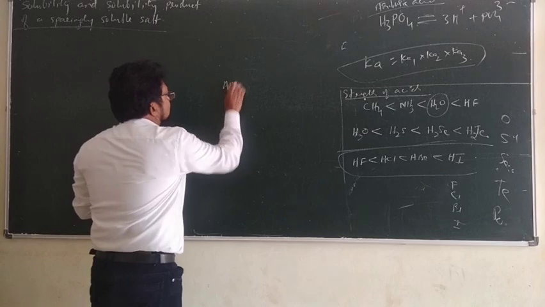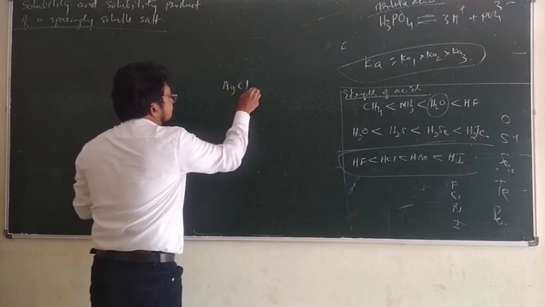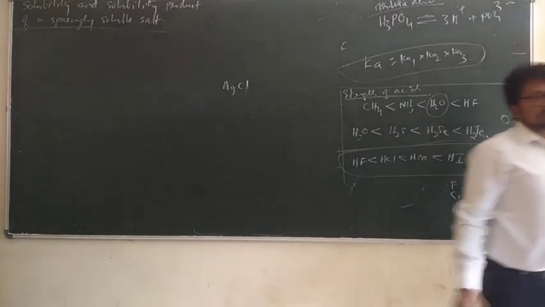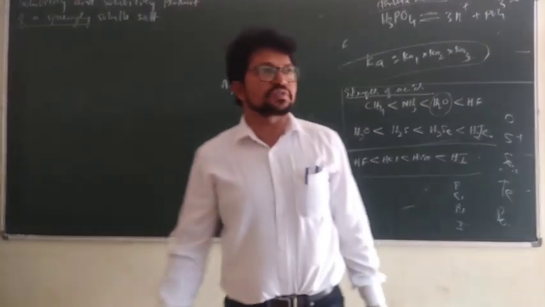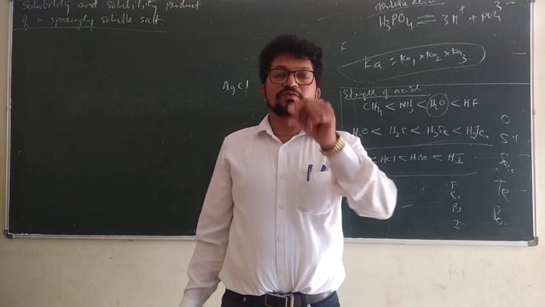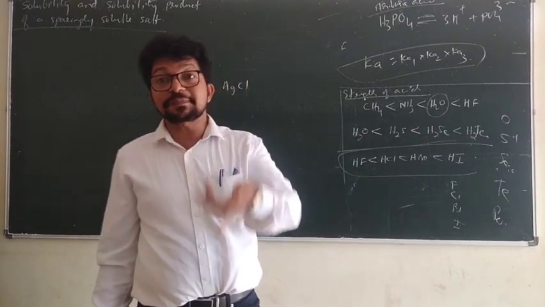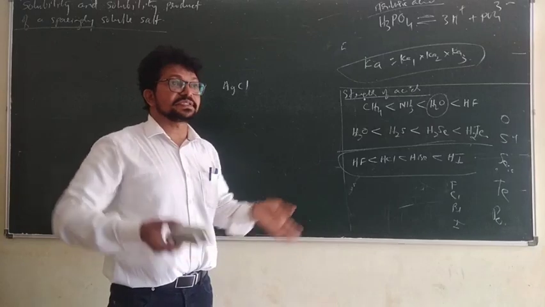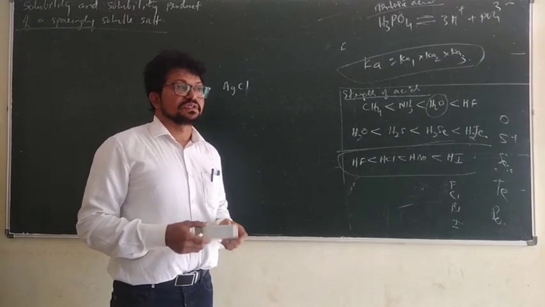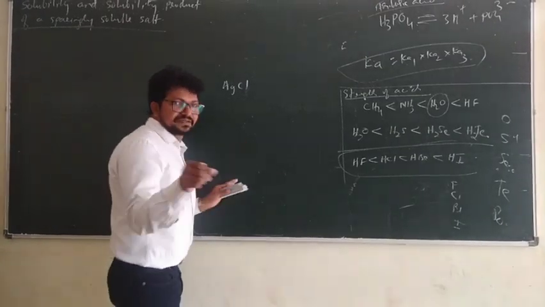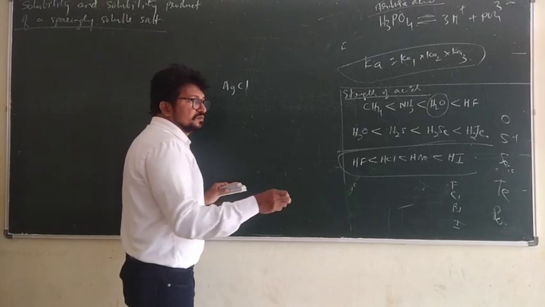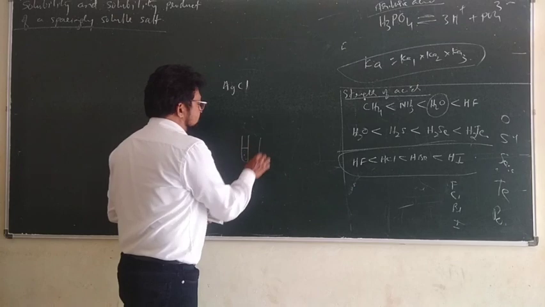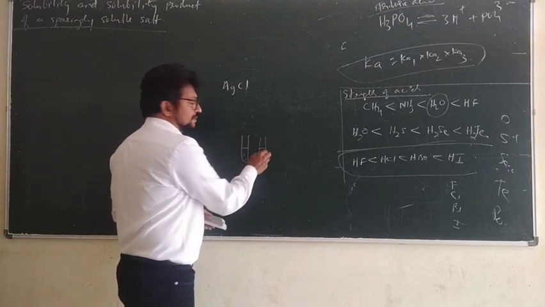Sparingly soluble salt, for example, AgCl. What are sparingly soluble salts? Those salts which can be precipitated from a solution. I'll tell you in detail a little later.